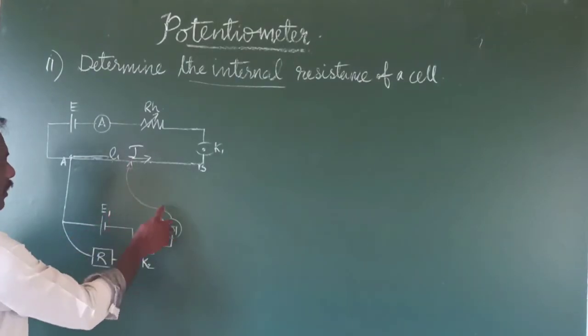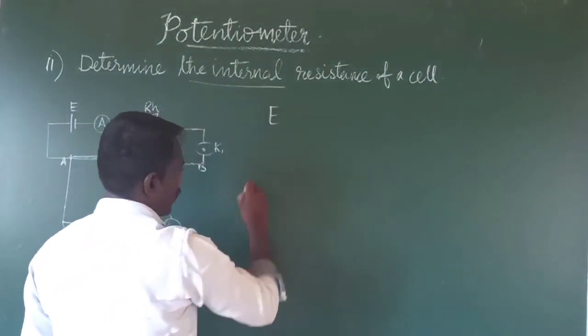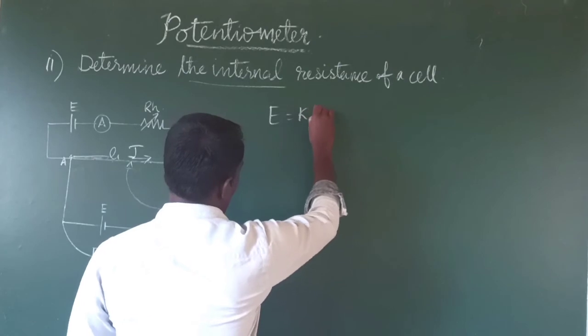So the EMF E can be written as E is equal to K into L1.